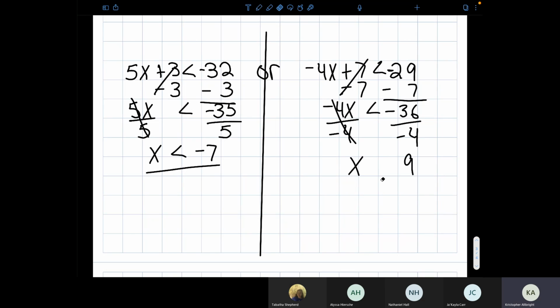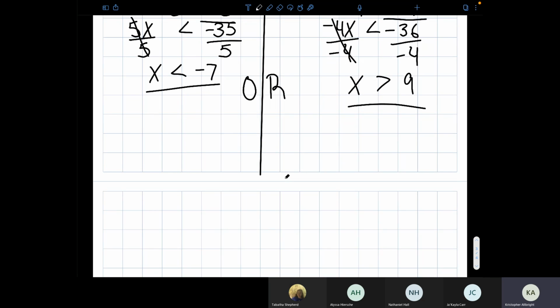But we also have to do this. So now we have two simplified inequalities, one on each side, and they are separated by an or. So what it wants you to do is graph this. So if we go down a little bit and we draw a number line, we need to shade in and color and all of that what we are selecting here.